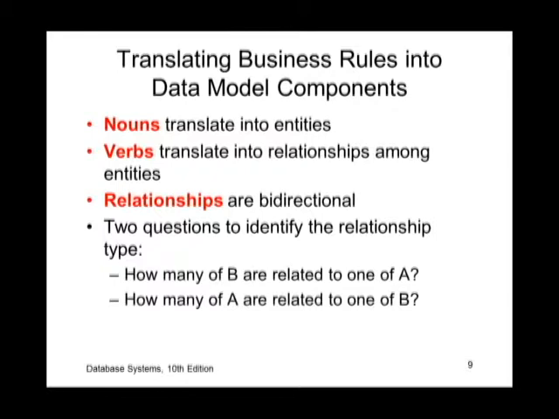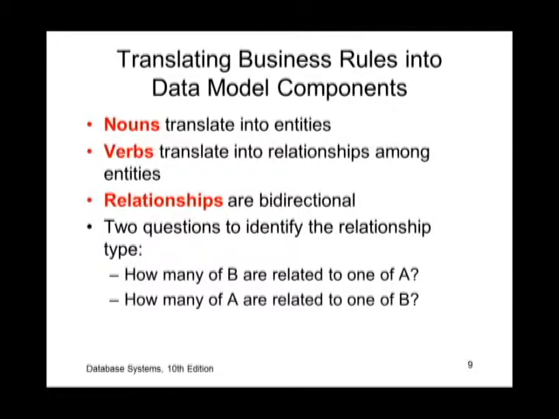Verbs help us understand relationships, so the verbs are going to translate into the relationship between two different entities or several different entities. And then the thing we need to remember is that these relationships are bidirectional. They go both ways. Sometimes you'll hear that referred to as reading the relationship forward and backwards.